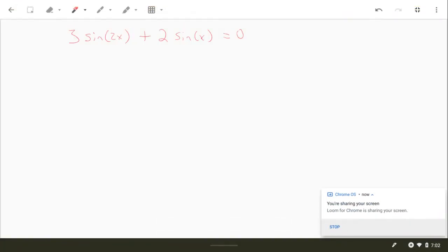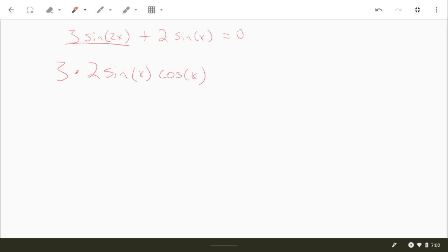All right, so for number 8 here, I'm going to replace the sine of 2x part with 2 sine x cosine x. All right, that's my identity part, plus 2 sine of x.